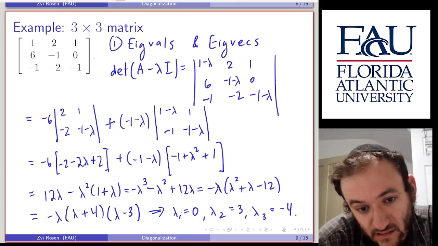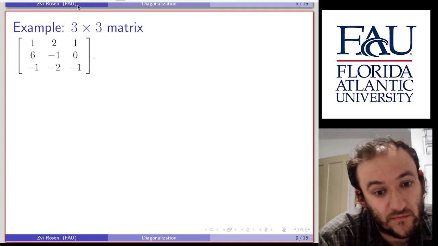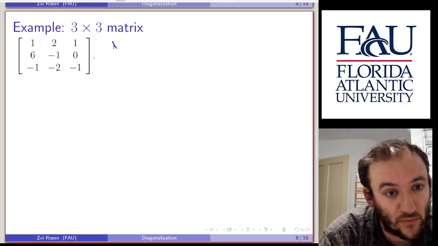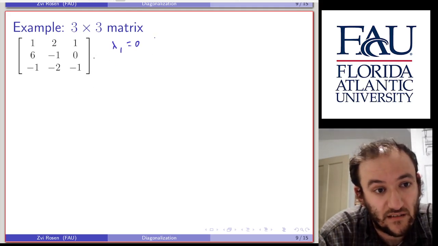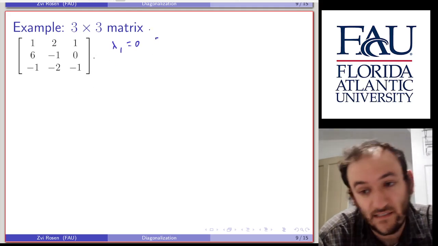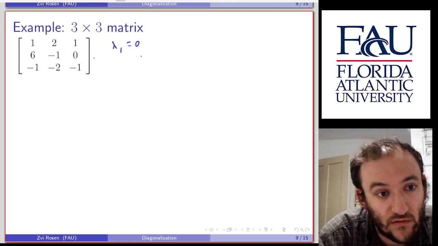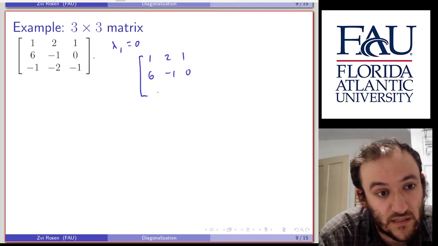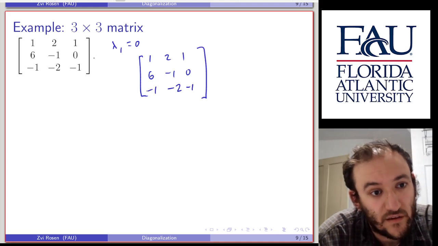Now let's get the corresponding eigenvectors. We'll start with lambda 1 equals 0. Here we want to find the kernel of A minus lambda I, which is just A. So we'll see [1, 2, 1; 6, -1, 0; -1, -2, -1].